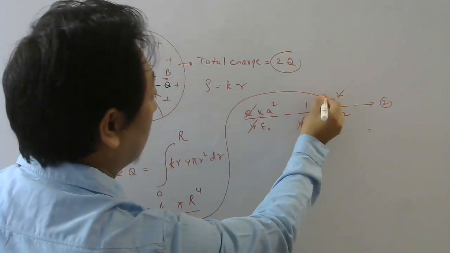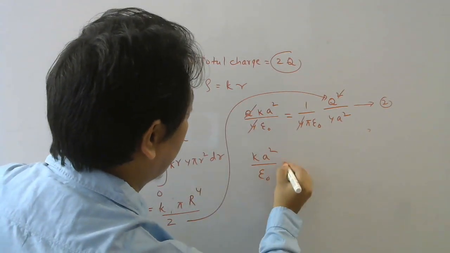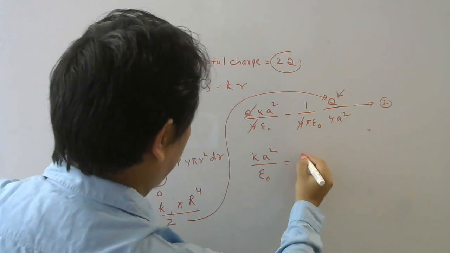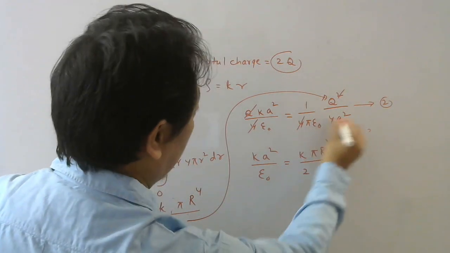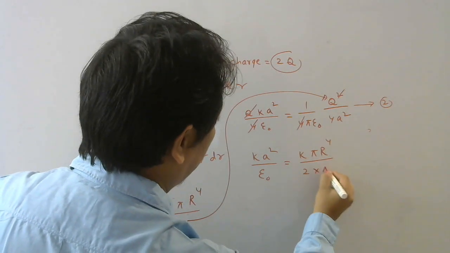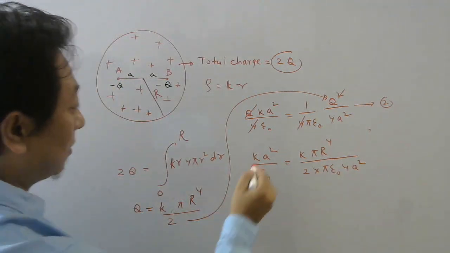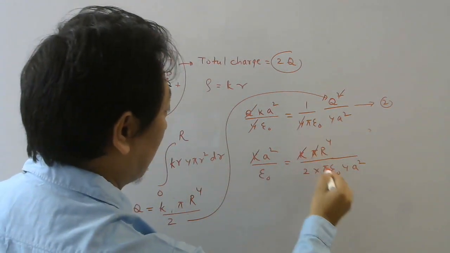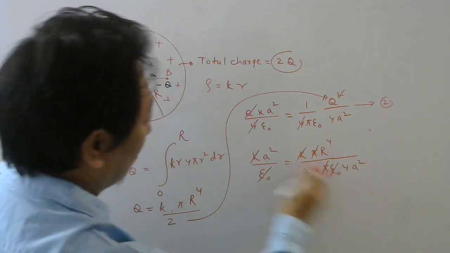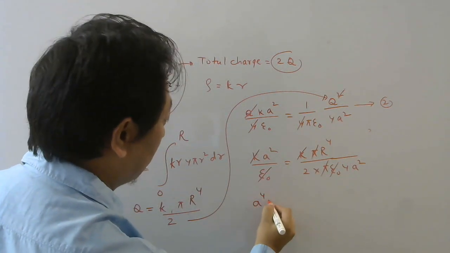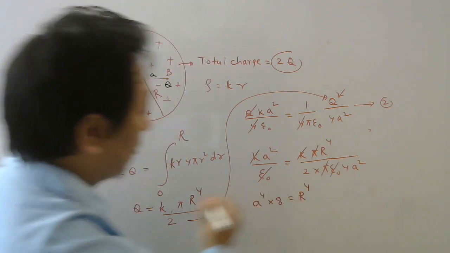So if you do that here, what will you get? K a square by epsilon naught. Capital Q is k pi R power 4 by 2. And in the denominator we have pi epsilon naught 4a square. This k will cancel, this pi and this pi will cancel, epsilon naught and epsilon naught will cancel. So if you cross multiply, a power 4 into 2 times 4 is 8, equals R power 4.